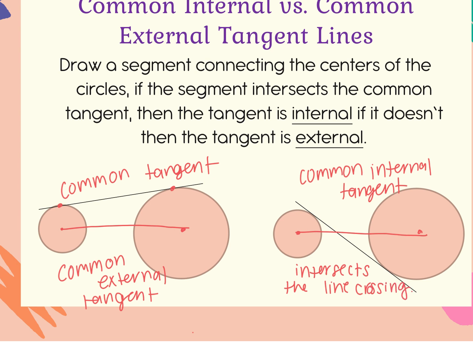It intersects the line crossing the center of the circles. So just make sure you understand the difference. What are we finding here? Because there's a lot of writing. This is common external. This one's common internal, and you could tell by the intersection. Think of internal as being on the inside of the circles. It's going to cross that line on the inside of the circles.